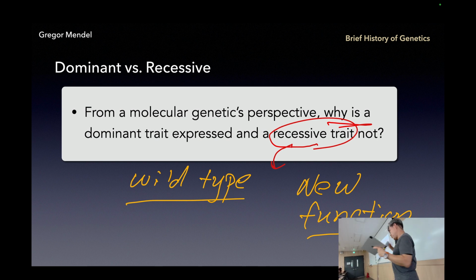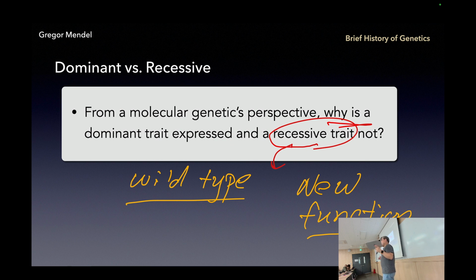Then we simply classify accordingly. If you can find a new function, or the existing function is somehow altered or interfered with, then we call that a dominant one. If the mutation cannot do anything alone, because it simply lost its original function, then it can be complemented.